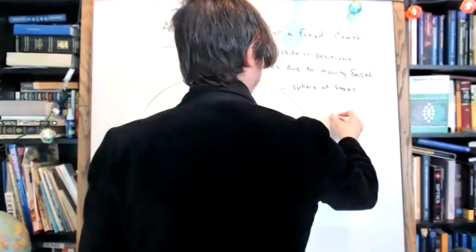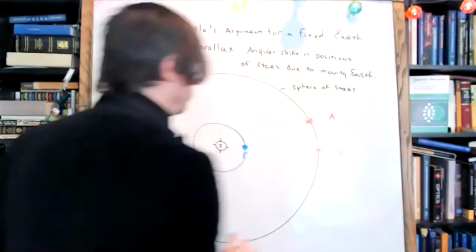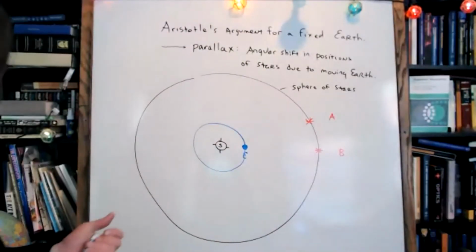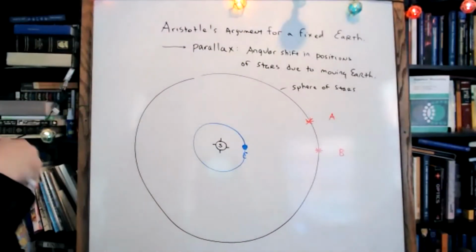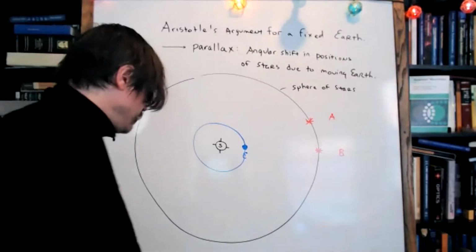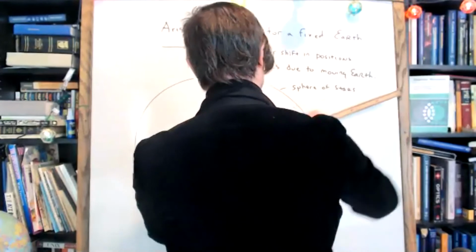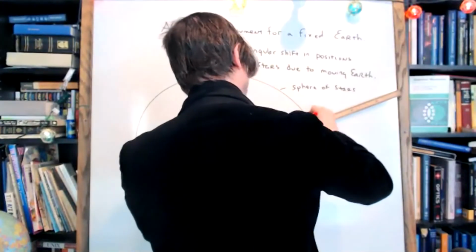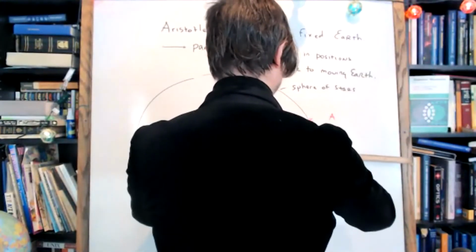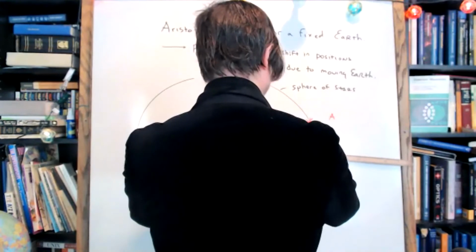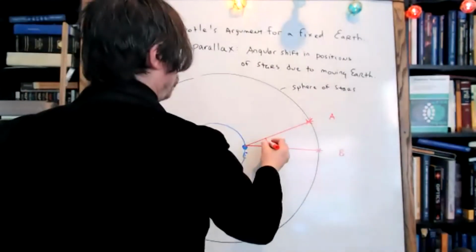We'll call the stars A and B, just for argument's sake. When Earth is close to those stars, Aristotle argued, they would have some angular separation between them, like so. And let's call that angle alpha.